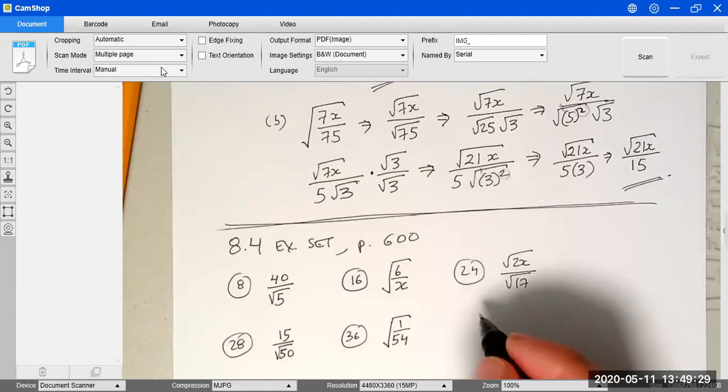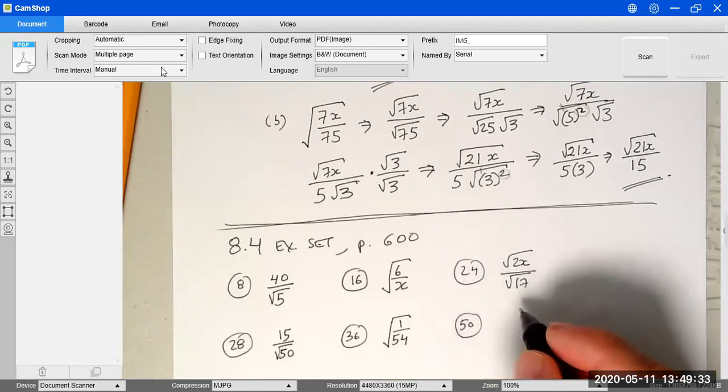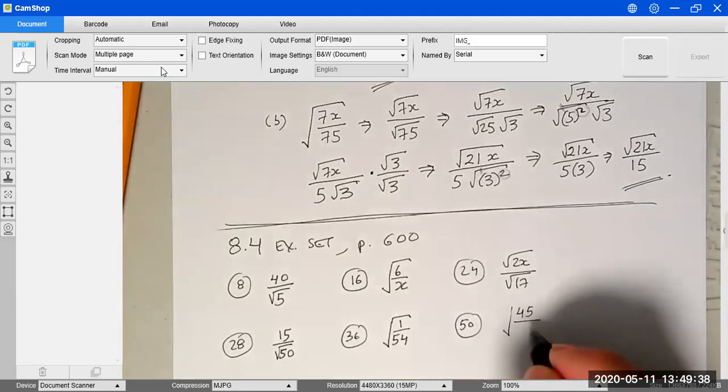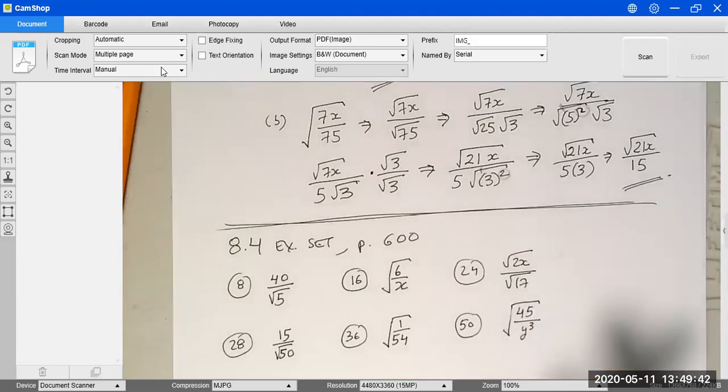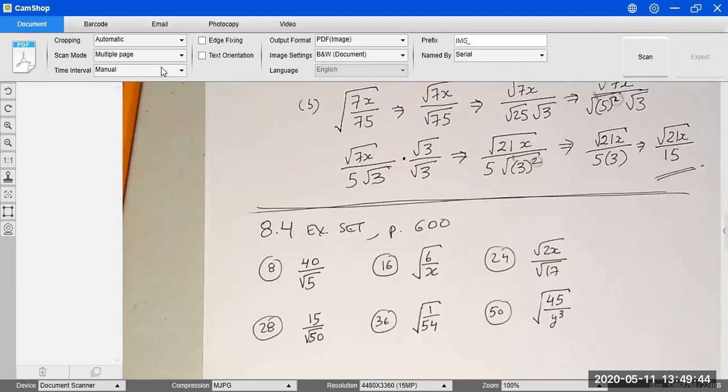Then we have finally problem 50, which is the square root of 45 over y cubed. So you have 6 problems to work on. You're going to send me your answers by using either the chat box or later by submitting your work through Canvas.